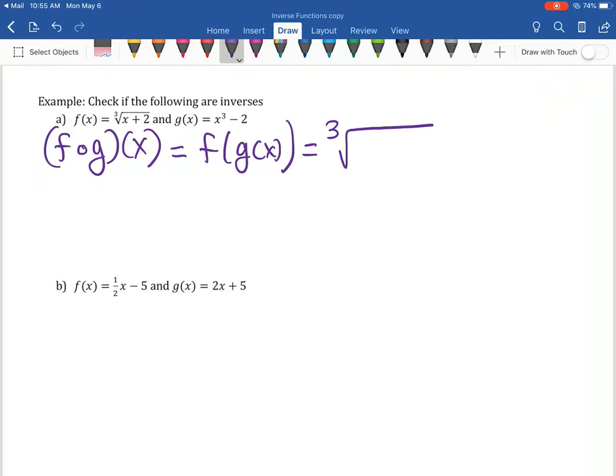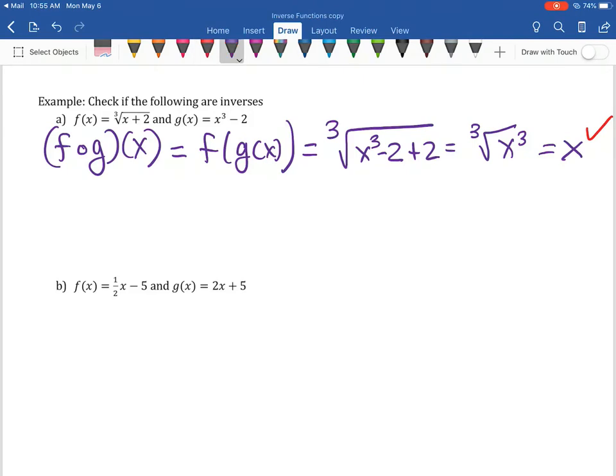So that means I'm going to take x cubed minus 2 and plug it into the x in the cubed root function. Now, the minus 2 and the plus 2 disappear, and I'm left with the cubed root of x cubed, which is equal to x. So in this direction, it works. When I take f of g of x, I get x.